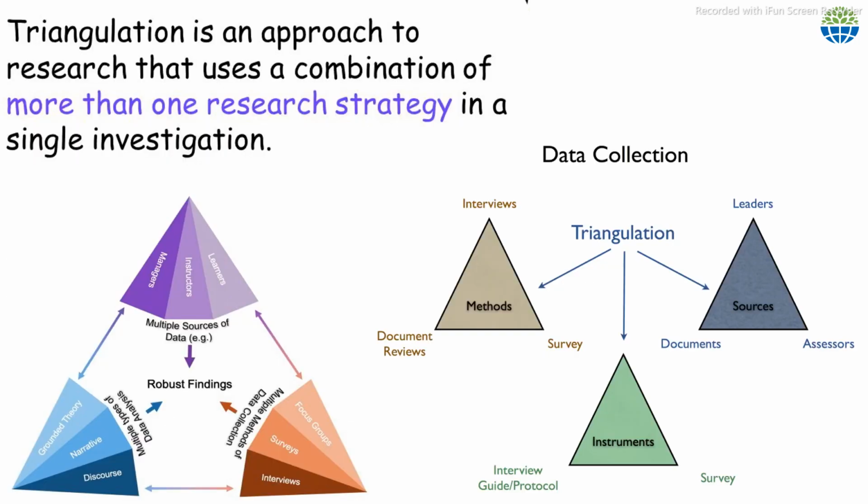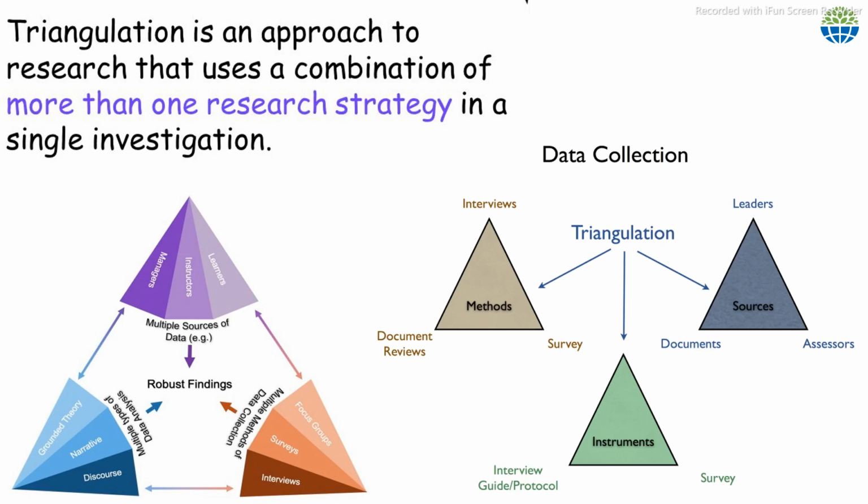Triangulation is an approach to research that uses a combination of more than one strategy. When we are going for one study, like you are going to develop your ecology biodiversity report, EIA report, or biodiversity status of that area, then what can you do?